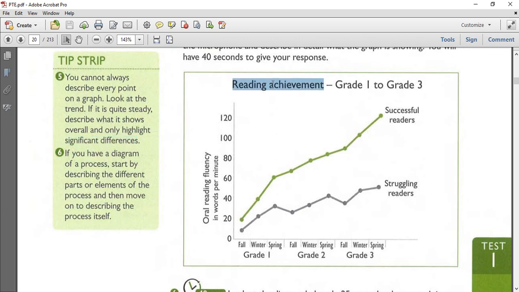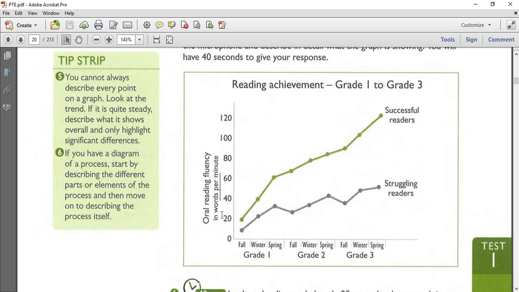Okay, so here is reading achievement from grade 1 to grade 3. Overall reading fluency in words per minute, compared from grade 1 to grade 3 across three seasons: fall, winter and spring. And here are the successful reader and the struggling reader.